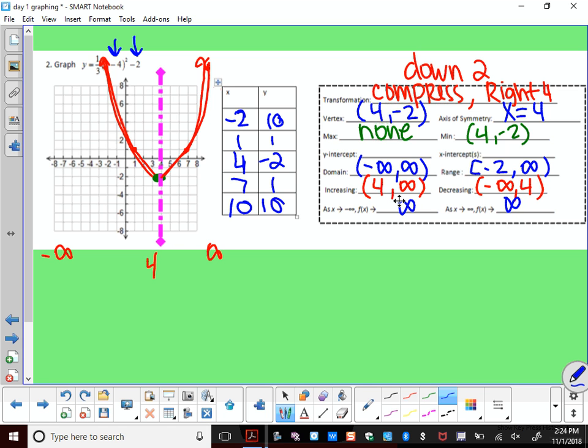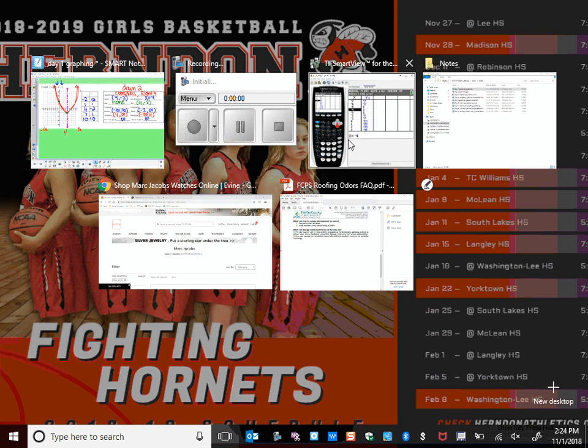All right, so for your y-intercept, you're looking for where it crosses the y-axis. Well, this drawing may or may not be right. I don't know. So let's look at our calculator. Let me type this in really quick.